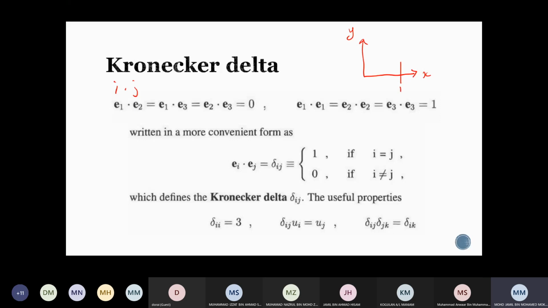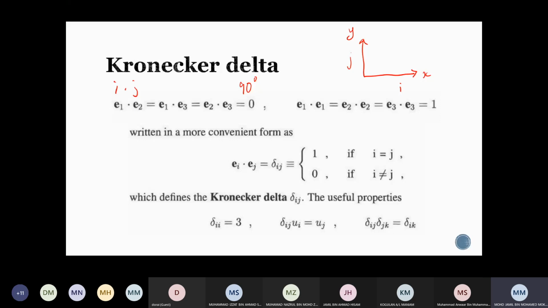So vector i is always in the X direction and vector j is in the Y direction. So they are 90 degrees to each other. So we have E1 dot E2 or E1 dot E3 or E2 dot E3 equals 0 because they are 90 degrees to each other. Okay, so when you encounter E1 dot E2, you get 0 and so on.